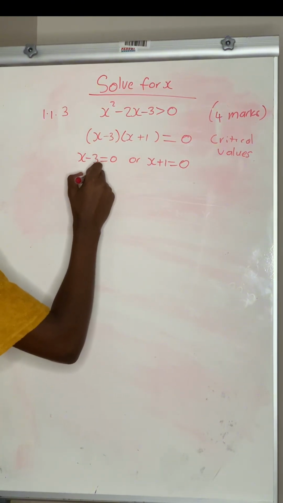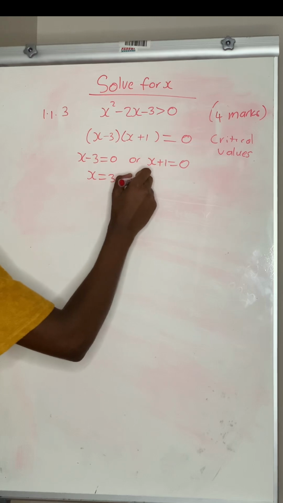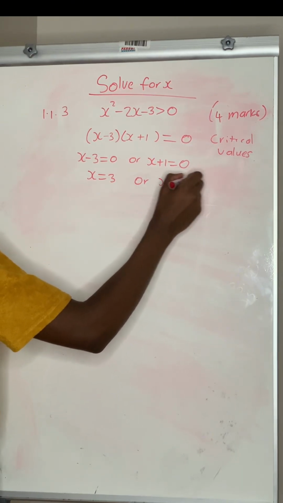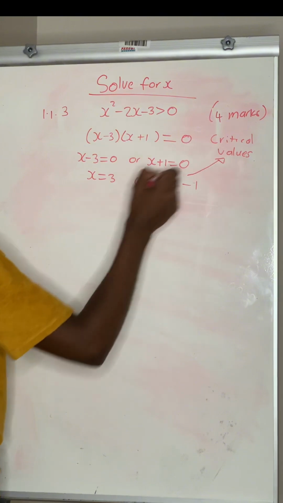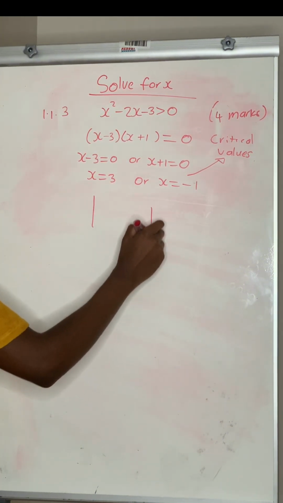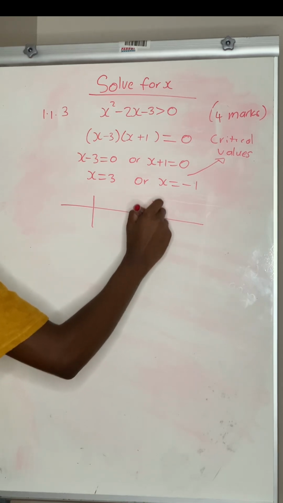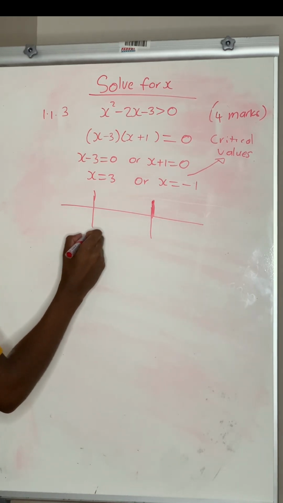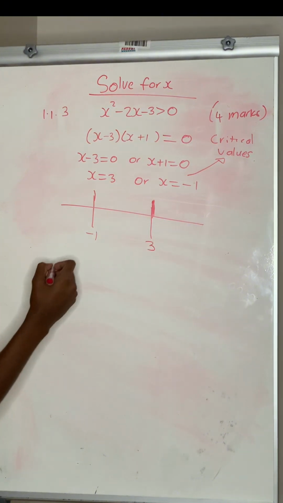And then this is going to be x is equal to positive 3, or x is equal to negative 1. So these are what we call our critical values. We're going to write them down on our number line. When looking at the number line, the first value that comes is negative 1, and then positive 3.